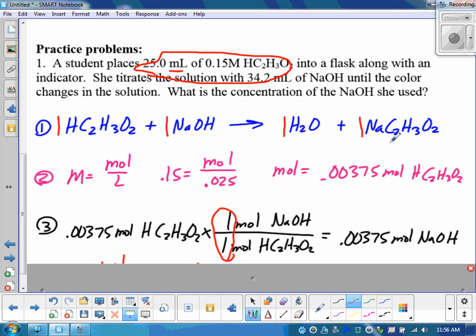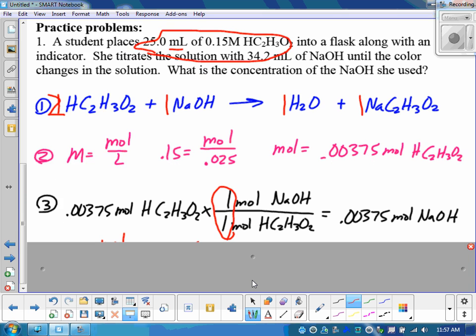So because our equation is balanced, I got that 1-to-1. Now if there was a 2 in here, right, then I would have a different value here. I'd have 1 on top and 2 on bottom. But because it's 1-to-1, I leave it 1-to-1. So now I've converted to basically the number of moles of the base that I need to neutralize my acid.